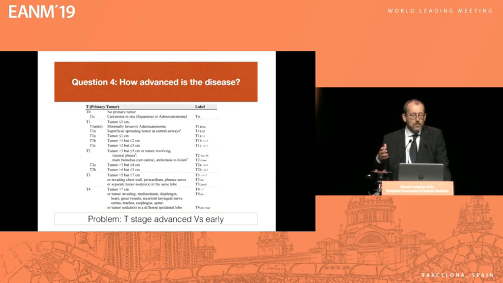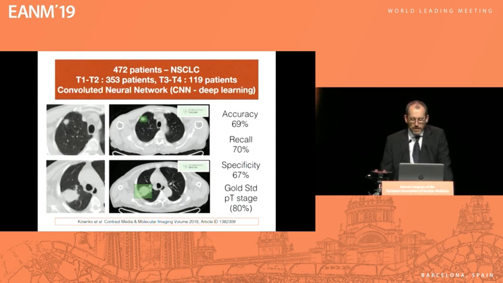For instance, regarding lung cancer, with PET, we cannot tell what the T stage is. We cannot measure precisely the local invasion of the tumor or the precise size of the tumor. So the problem here is: is it early T stage or advanced T stage in non-small cell lung cancer?